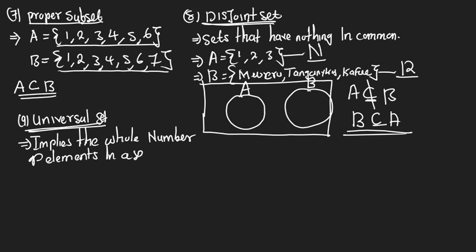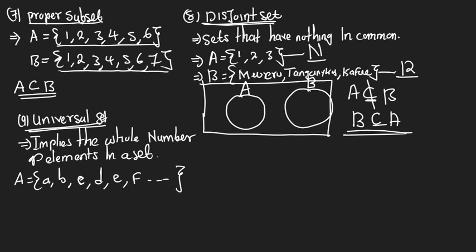So in this case, if this set A deals with letters, say A, B, C, D, E, F, all the elements in A, this is a universal set. It comprises all the elements you can think of in a particular set. Okay? That is the universal set.